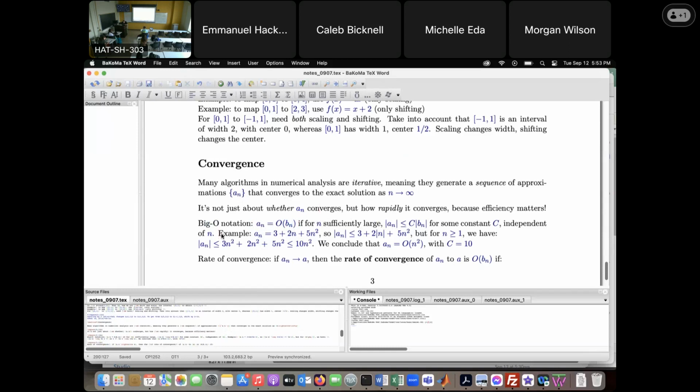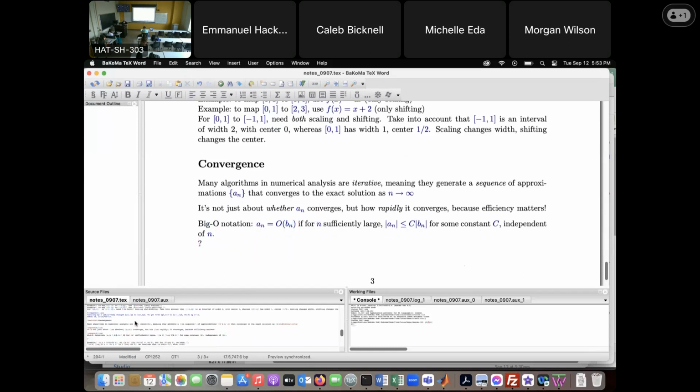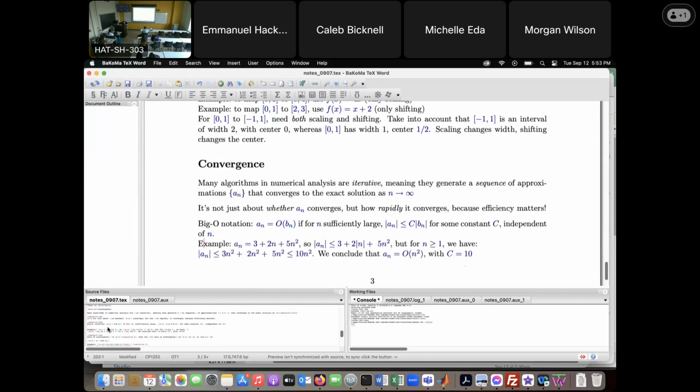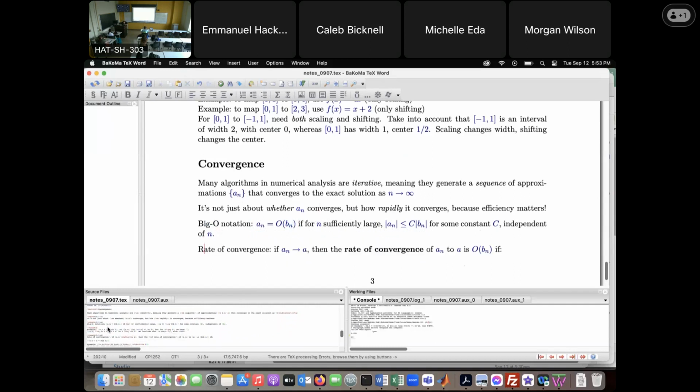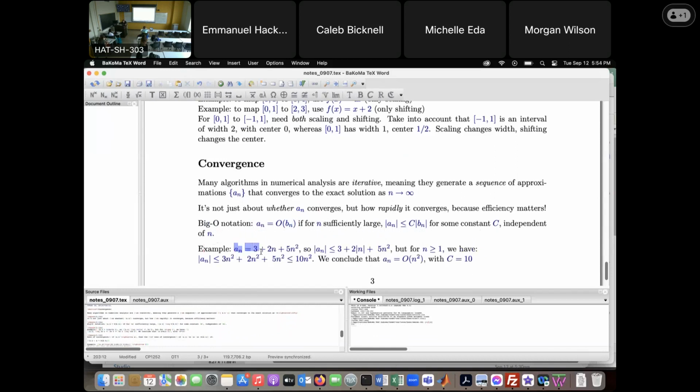So here's an example of applying big O notation. Okay. So here's my original sequence. So an is 3 plus 2n plus 5n squared.